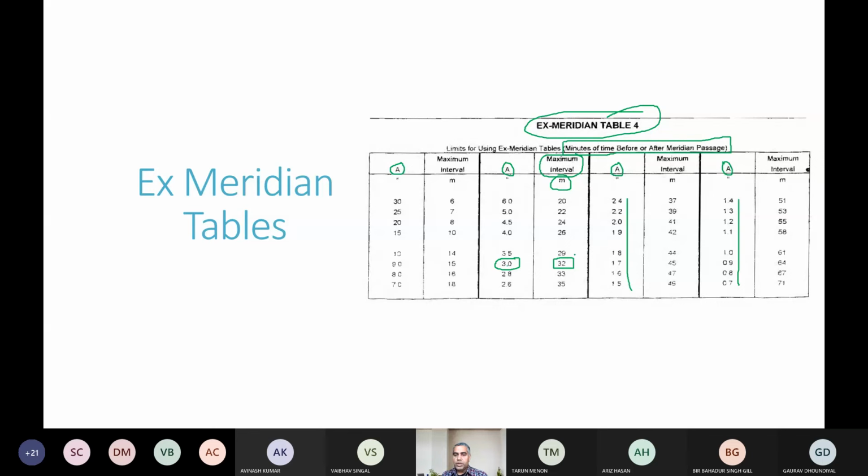So it means 32 minutes before Mer Pass and 32 minutes after Mer Pass, the x meridian method can be used for this particular body by this particular observer. So remember in your mind that this limit is both before and after. So this 32 means 32 minutes before Mer Pass and 32 minutes after Mer Pass, both plus and minus. So this is how we obtain the x meridian limit of any particular body.